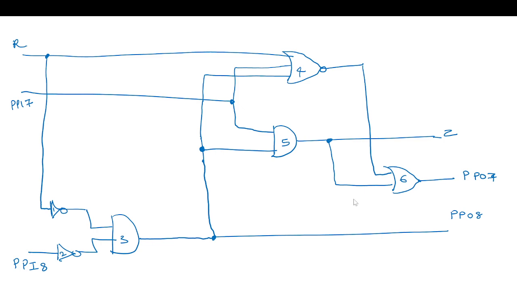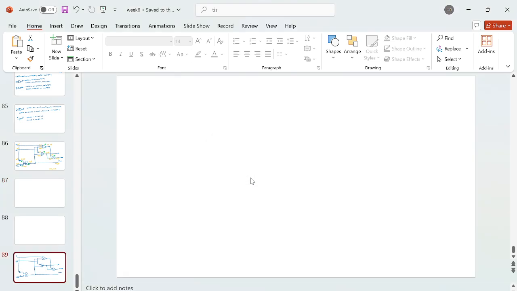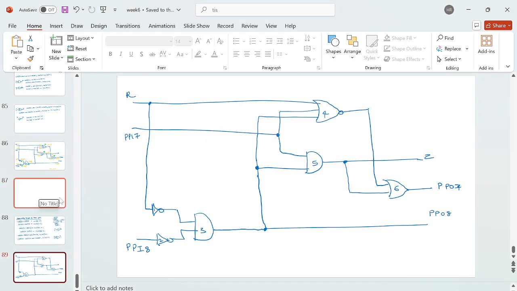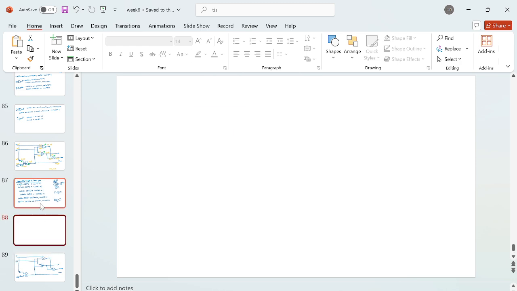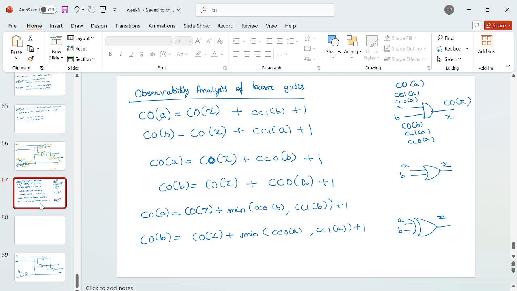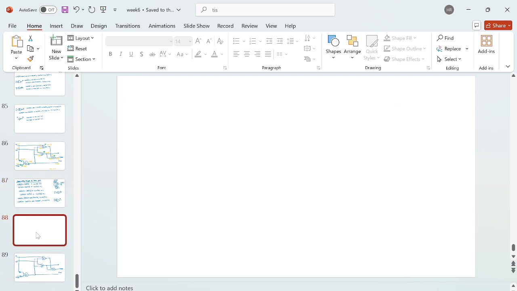So we have discussed XOR. We will discuss NAND, NOR, XNOR, NOT, and fan-out branch. Then we will come to the circuit.